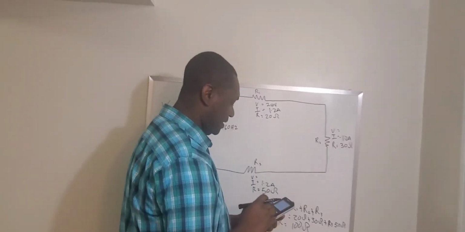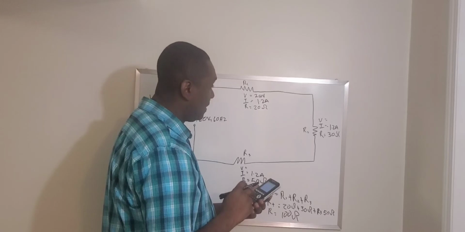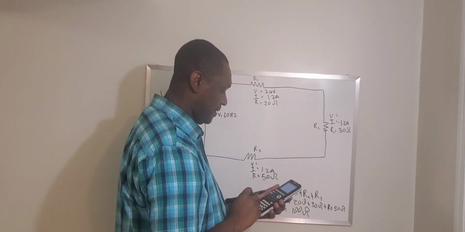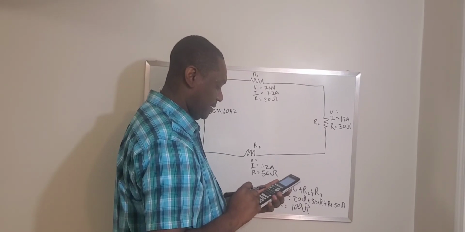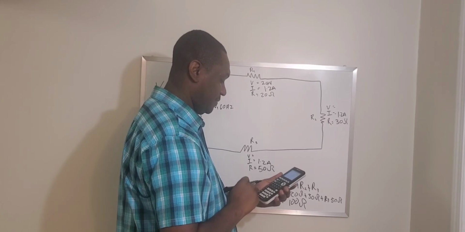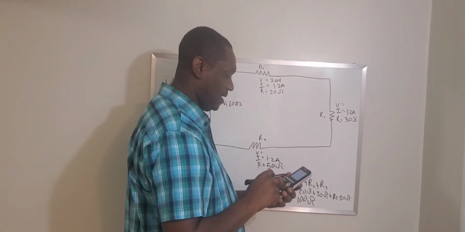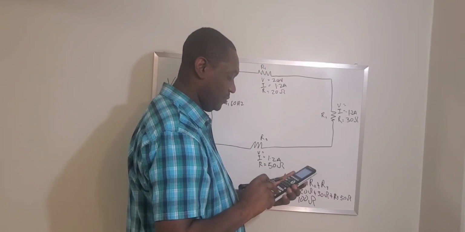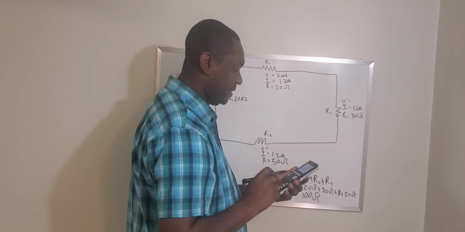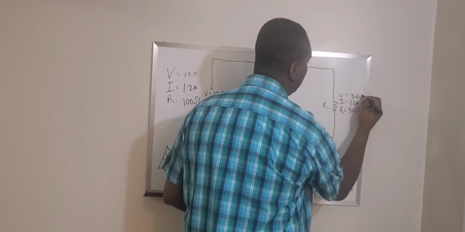And for resistance 2 I have 1.2 amps multiplied by 30, and that is equal to, I put in a wrong number here, I have 1.2 multiplied by 30, and that gives me 36 volts. So this is 36 volts.